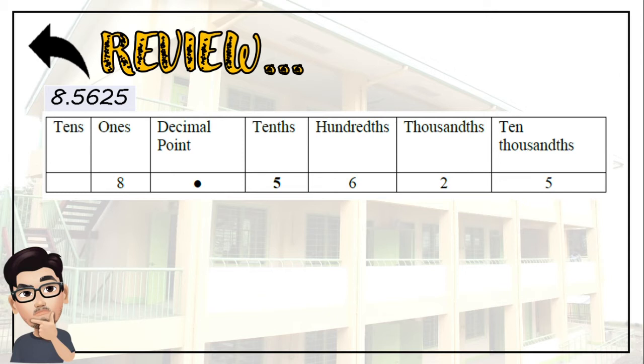As I have discussed earlier, paglayo ng decimal place sa decimal point, ito lagi yung point of reference natin, yung decimal point. So, paglayo ng decimal place value dun sa decimal point, pagliit ng value niya. So, in this case, yung tenths place value, kung saan nandun yung 5, ay mas malaki dun sa 5 na nandun sa ten thousandths place value. Okay?